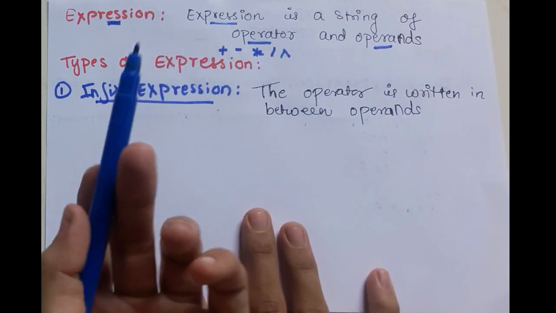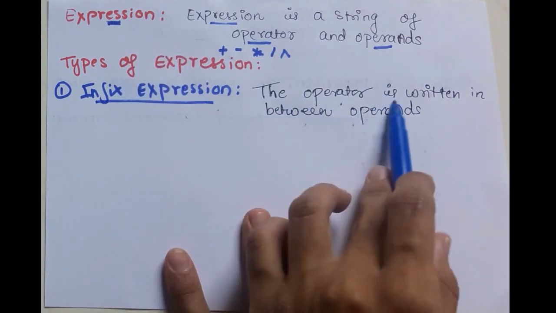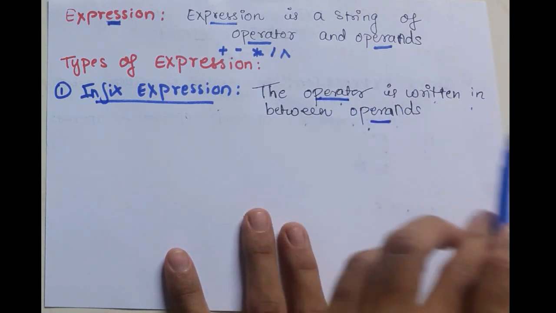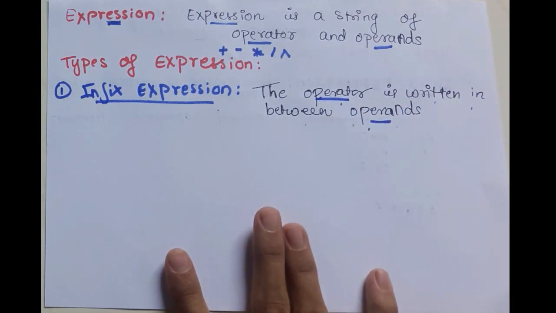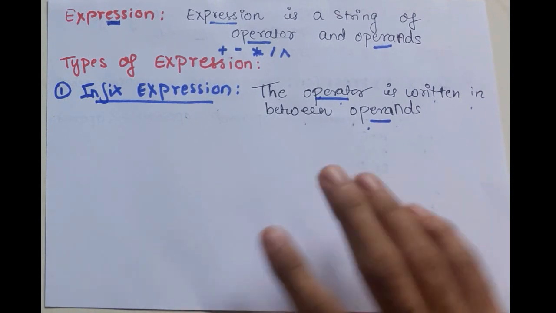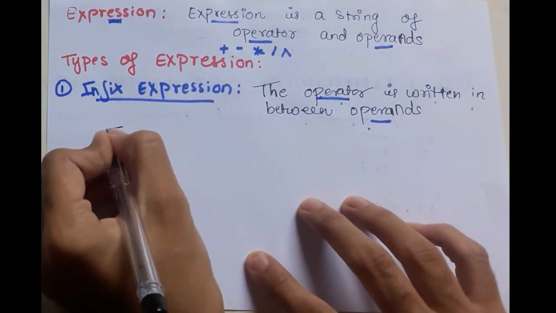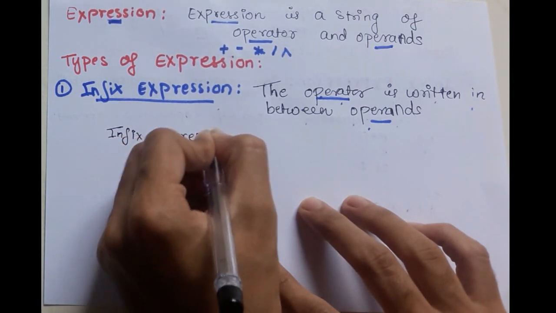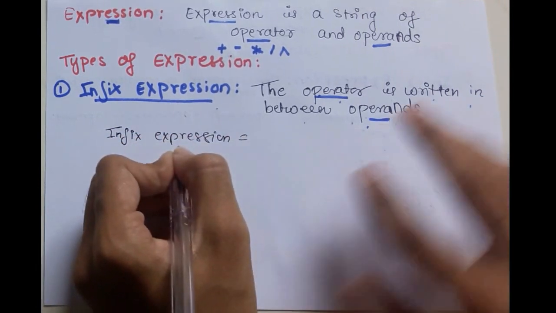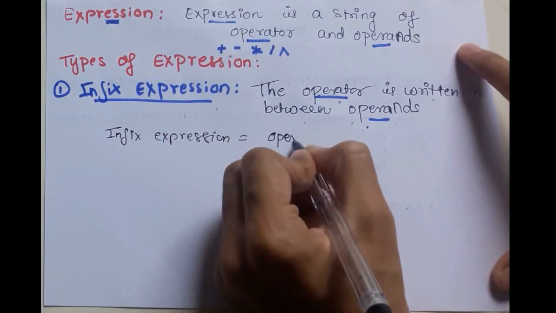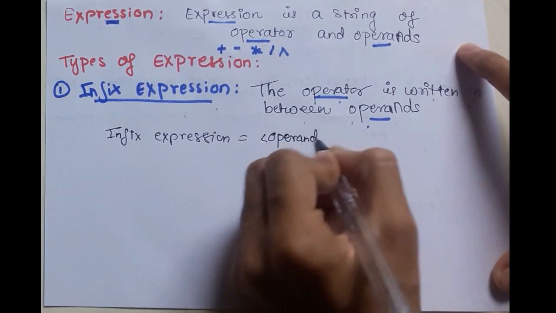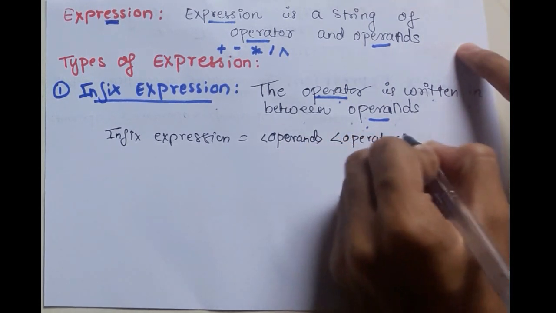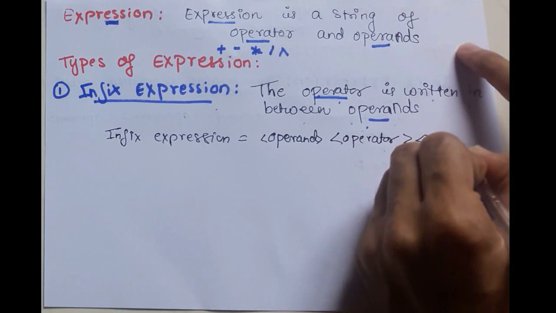Now let us see what is an infix expression. In an infix expression, the operator is written in between the operands. So for an infix expression, we can write: infix expression equals operand, then operator, and then again operand.